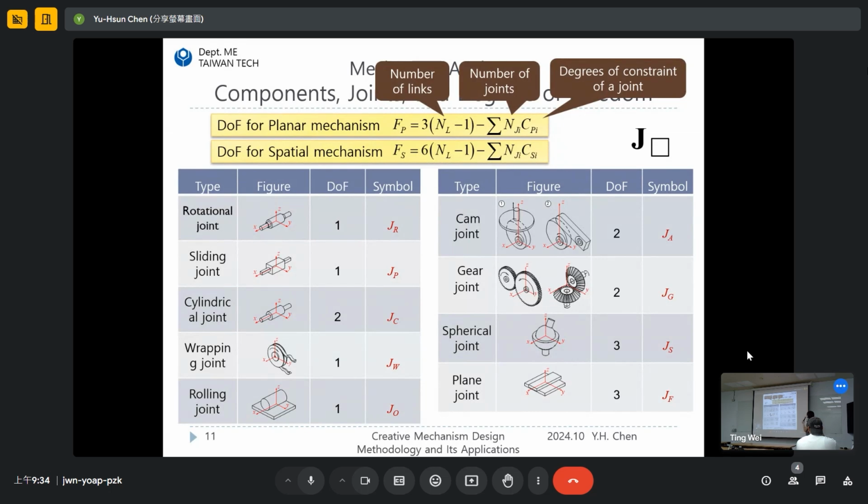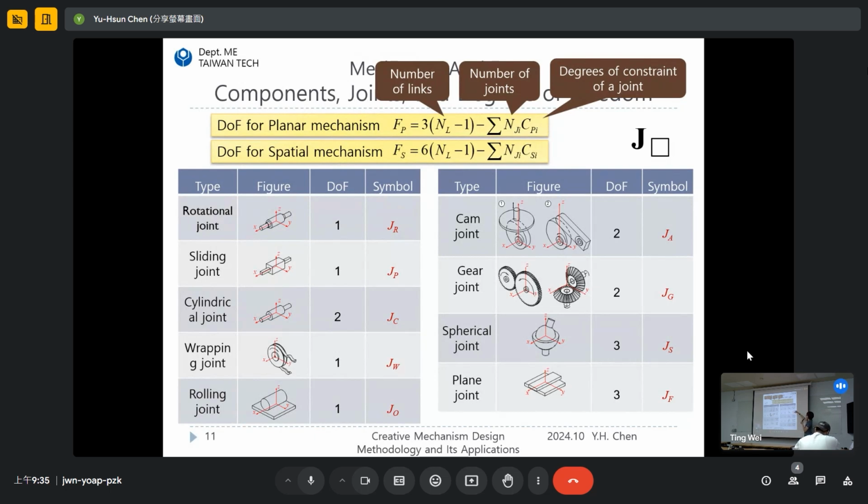So over here, for example, for the planar mechanism, here is a simple equation that we can use to calculate the total degrees of freedom of the mechanism after we assemble the links and joints together. So the important parameters are the number of links, the number of joints, which joints we use, and the degrees of constraint of each joint.